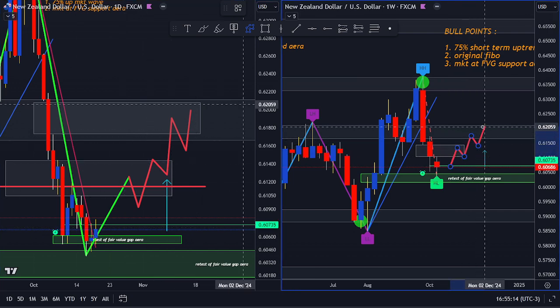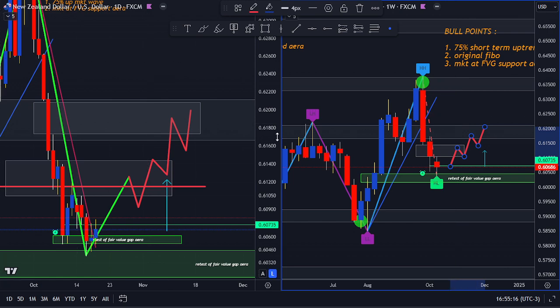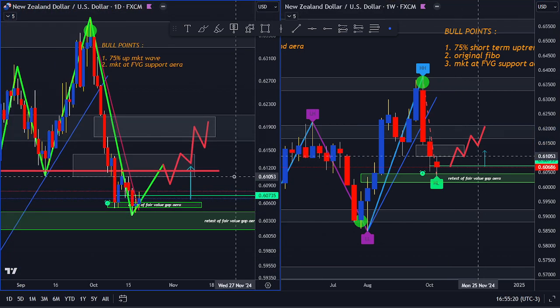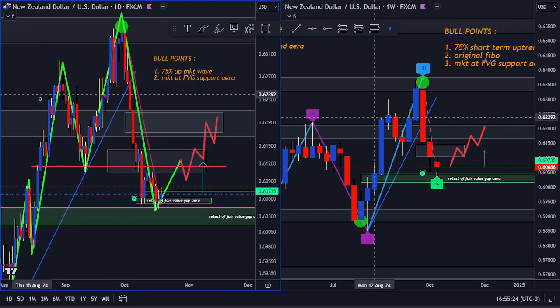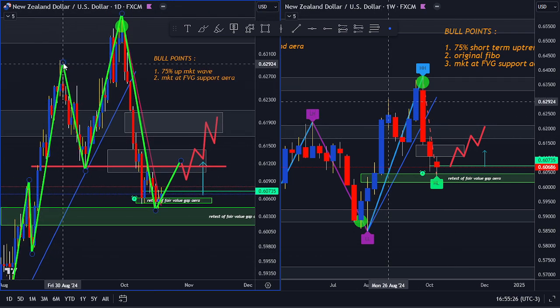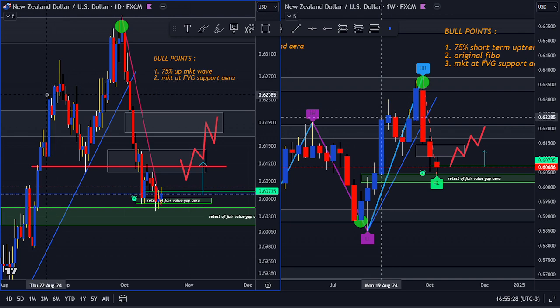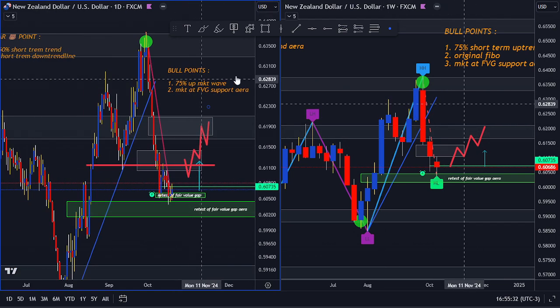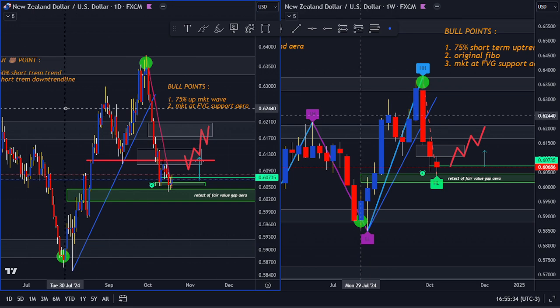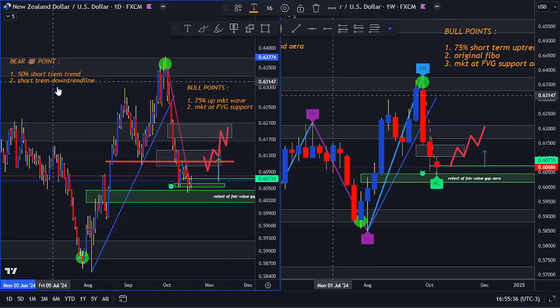All right, guys, so talking about this area right here. Anything can happen, so let's just trade the market accordingly. And let's not forget that higher time frames control price movement and price action on the smaller time frame. So that is the purpose of my analysis today on NZDUSD.